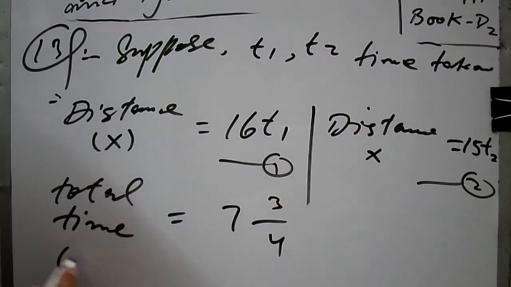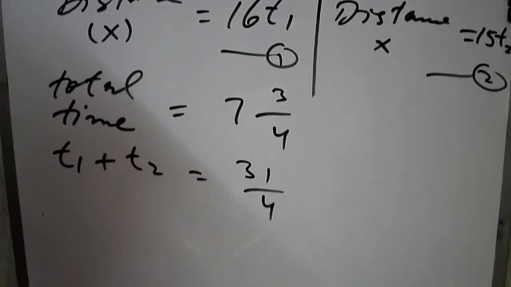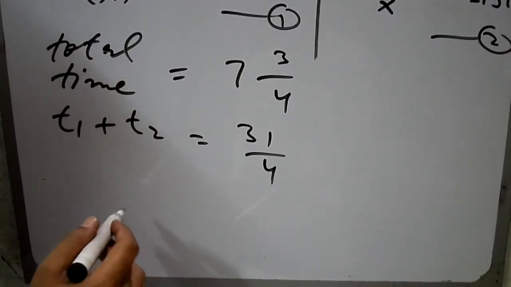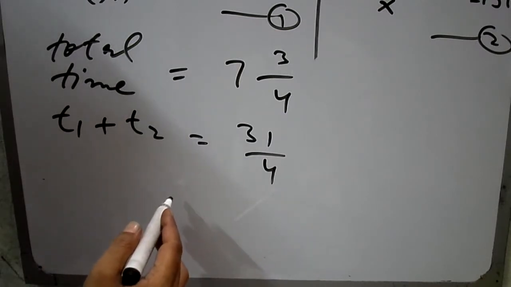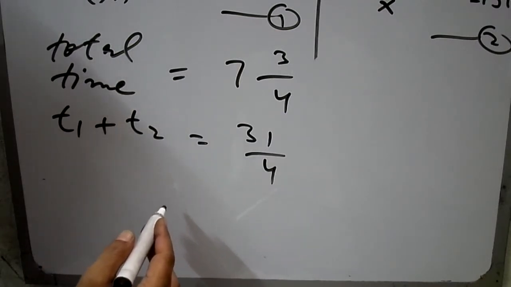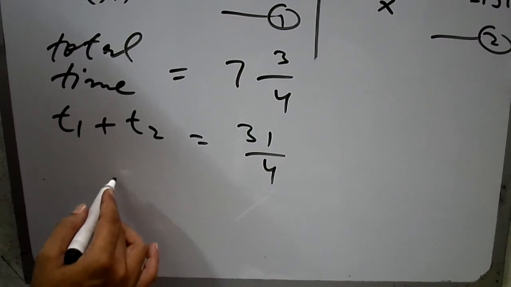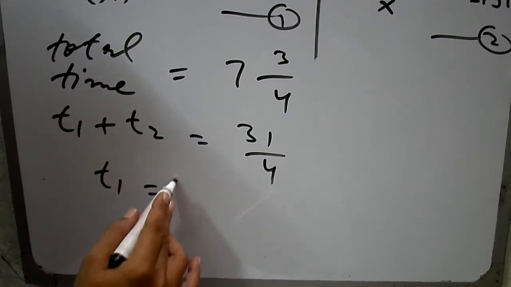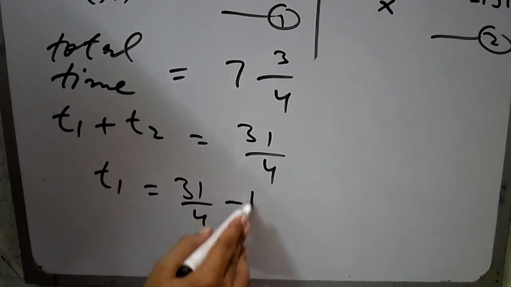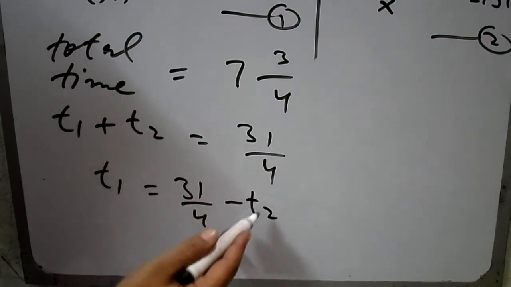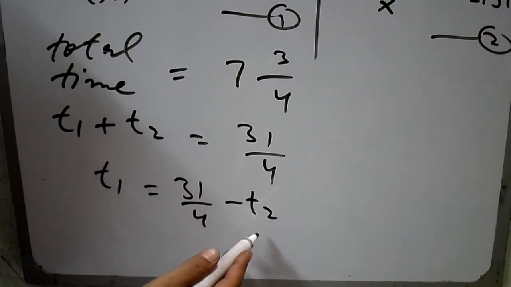So here total time is t1 plus t2, that is equal to 31 by 4. In this situation, if you need the time t1, you have to write it as 31 by 4 minus t2. So putting the value of t2 here, you can find t1.